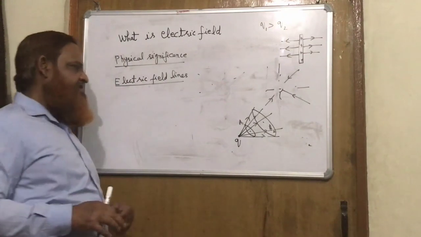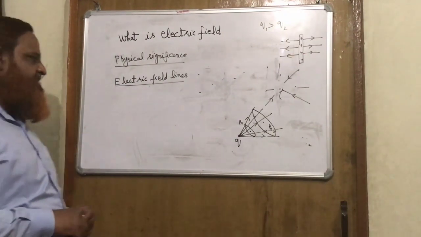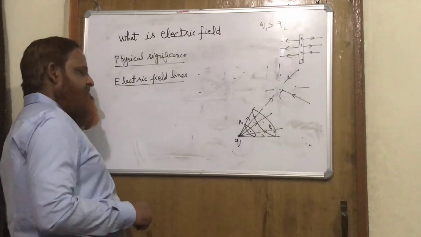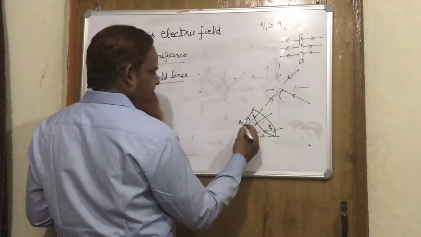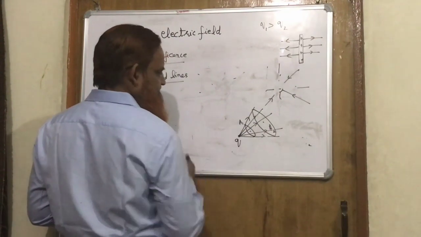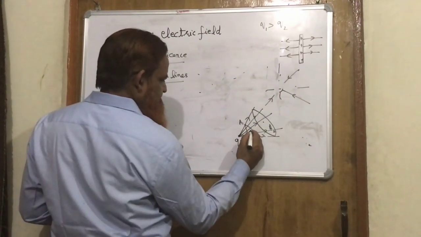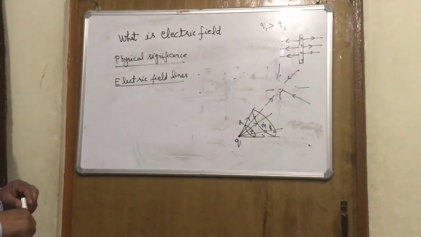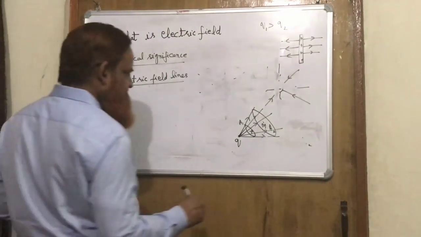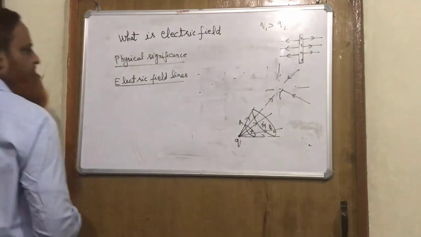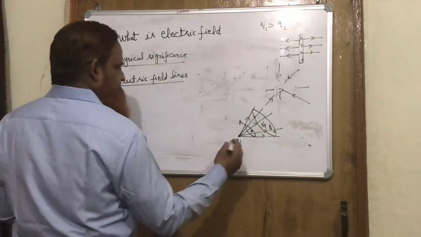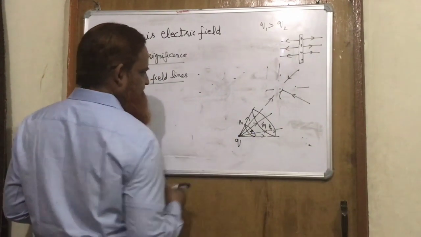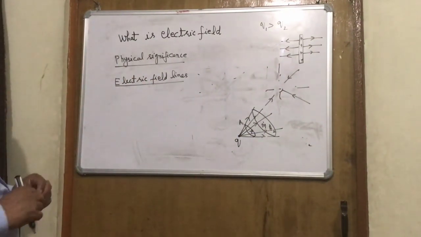The number of electric field lines is the same through area A1 as well as through area A2, but the electric field lines passing per unit area will be more at P than at M. So electric field intensity is more at P than at M. It means as the distance of the point from the point charge increases, electric field intensity will reduce.